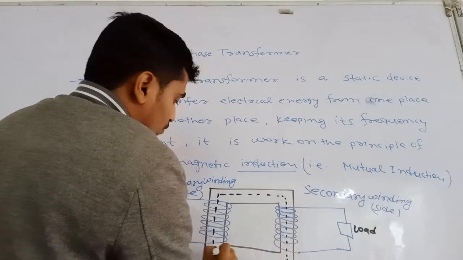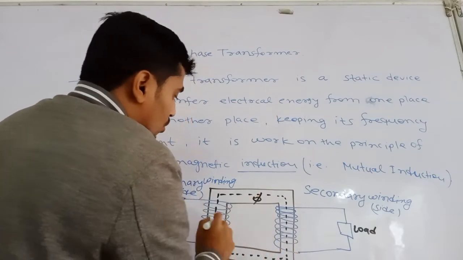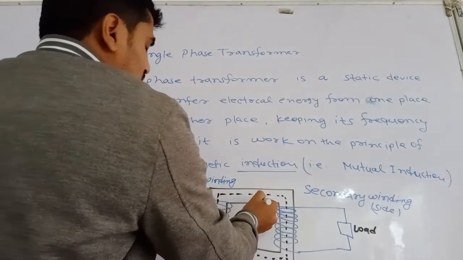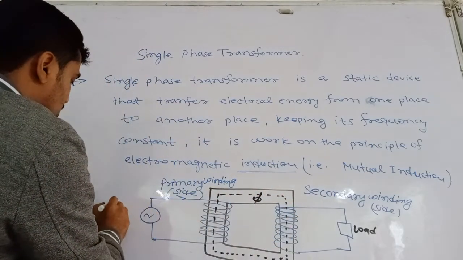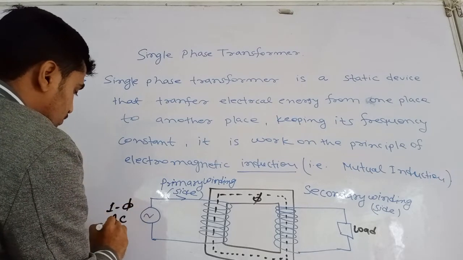This is the flux produced all over the core. Okay, this is the mutual flux all over the core. That is single phase AC supply.